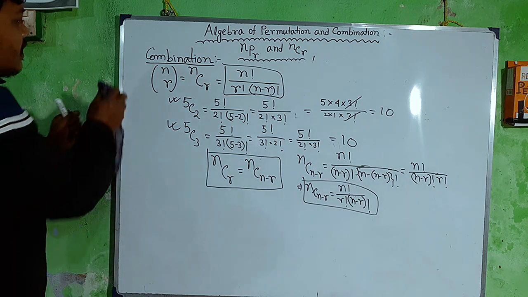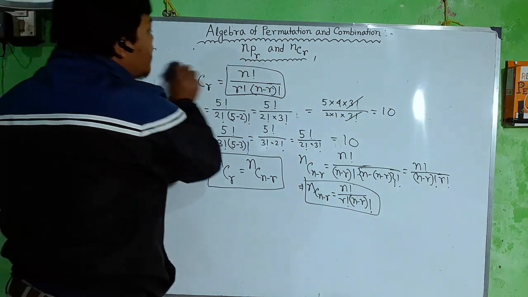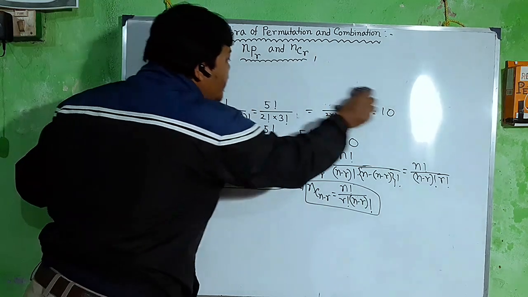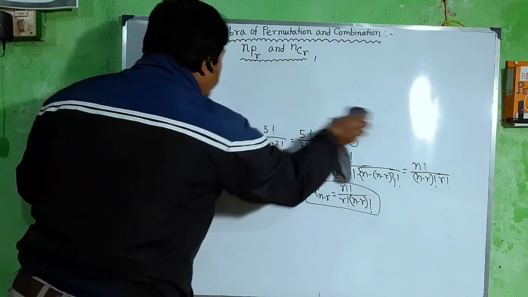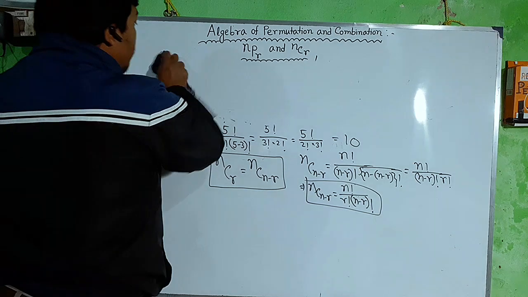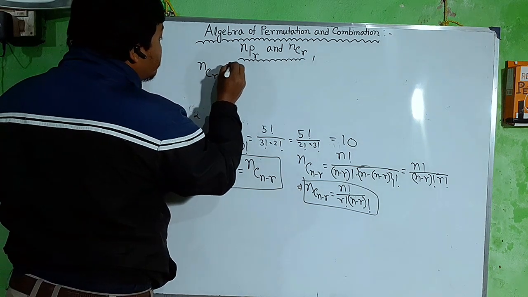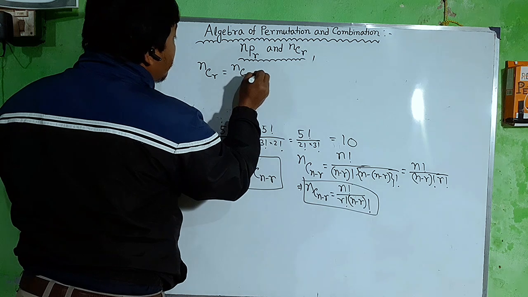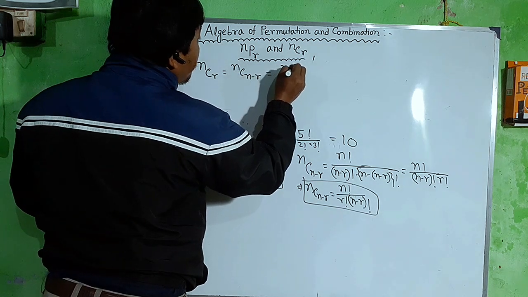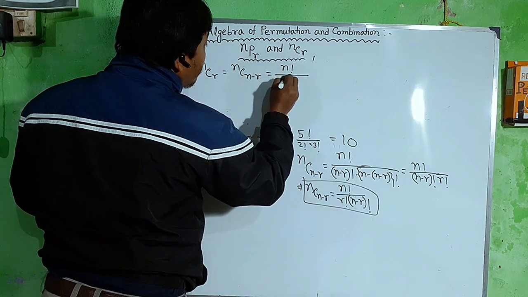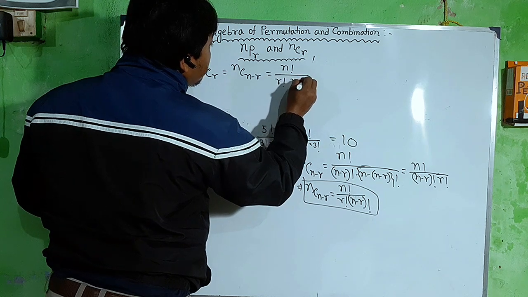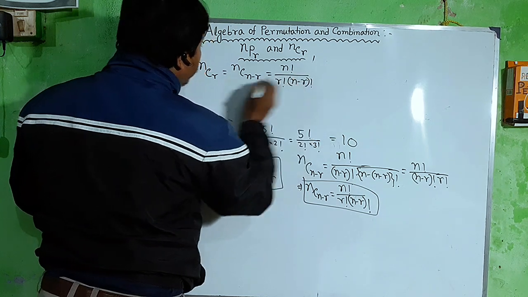So next, I erase this part. What about nC0 and nCn? We have already done nCr equals nC(n minus r), which equals n factorial by r factorial into (n minus r) factorial.